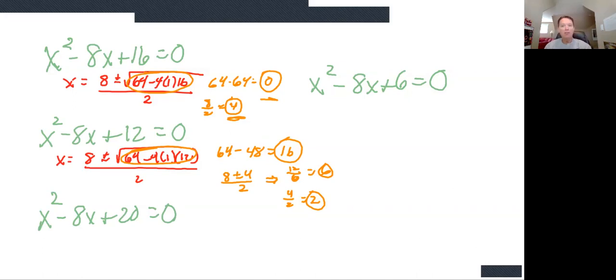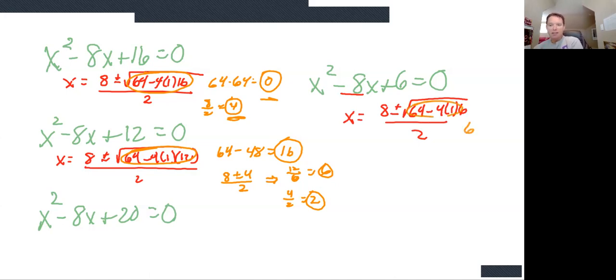Now, what happens in this one over here? x equals negative b, 8, plus or minus. You can follow along with me or get ahead of me. This squared will be 64 minus 4a, and now c is 6, over 2. So now what does this square root look like? It's 64 minus 24, which is 40.